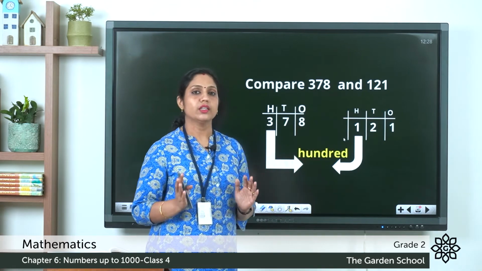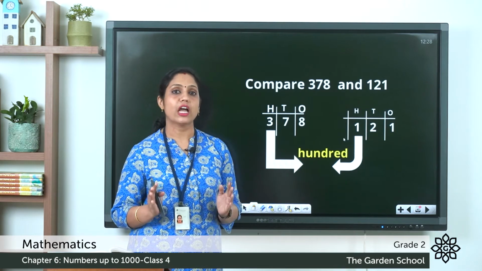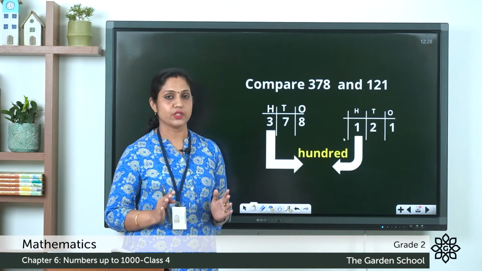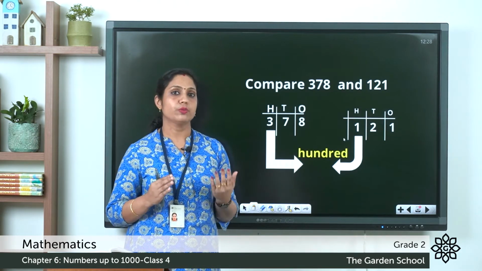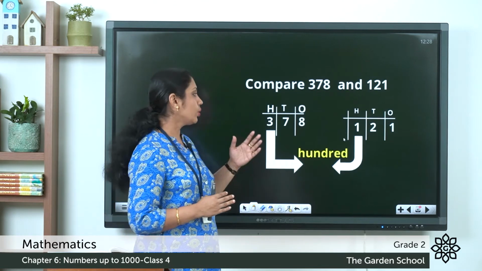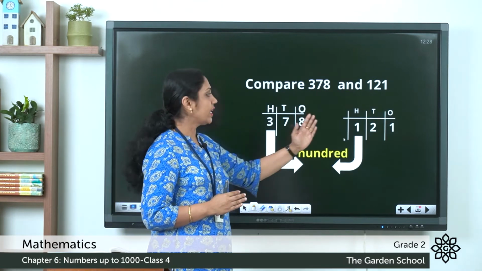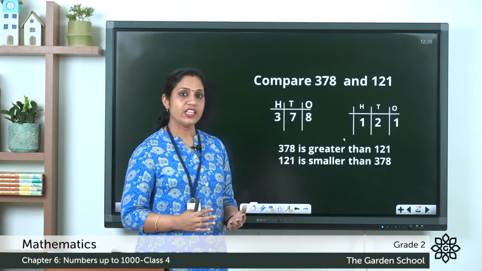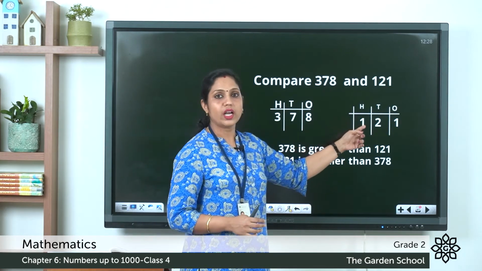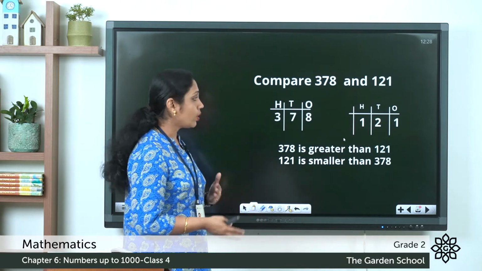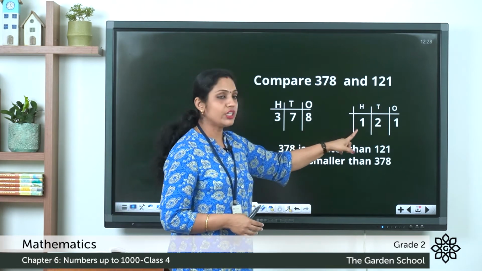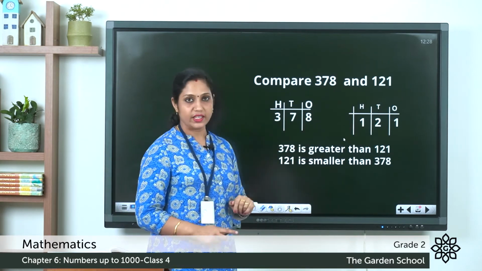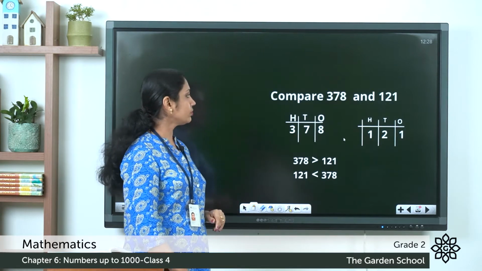So when both numbers are 3-digit numbers, you have to first compare the hundreds position and find out which place value is greater. So 3 here is greater than 1. So we can say that the number 378 is greater than 121. Or also we can say that 121 is smaller than 378.